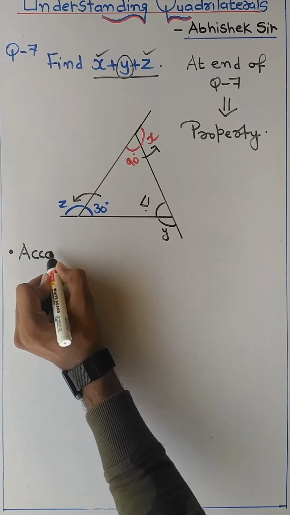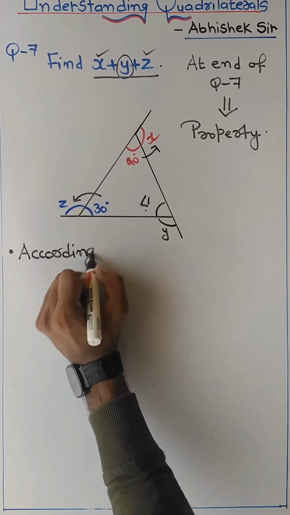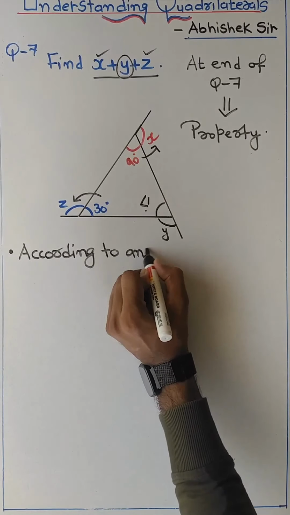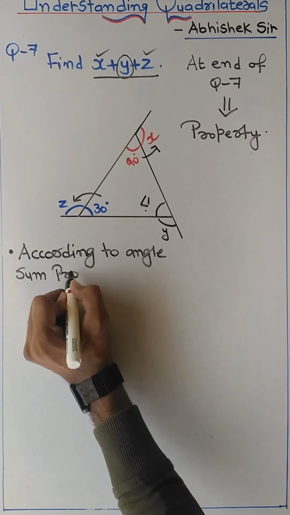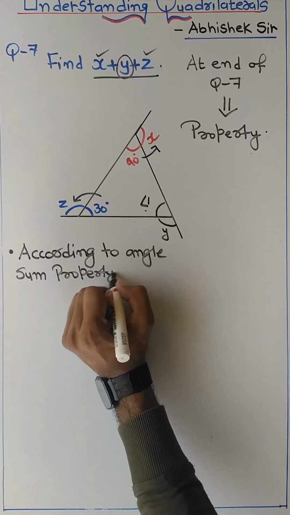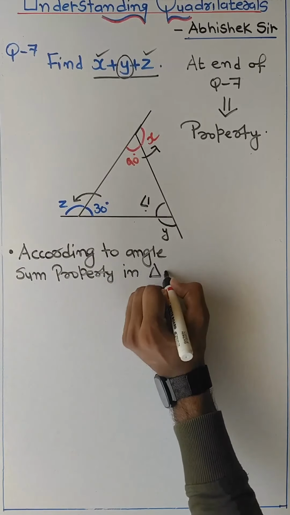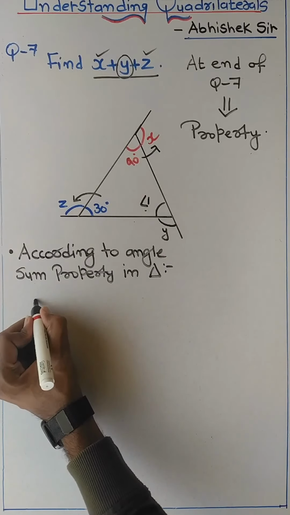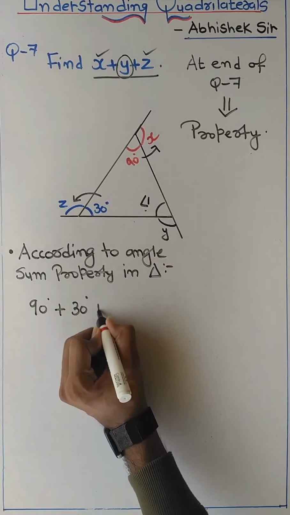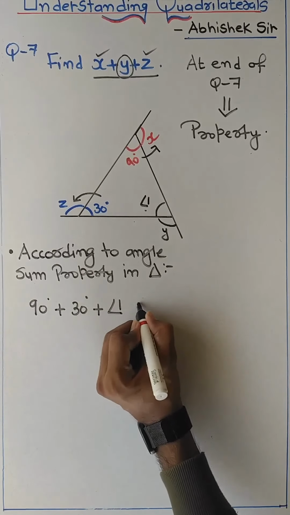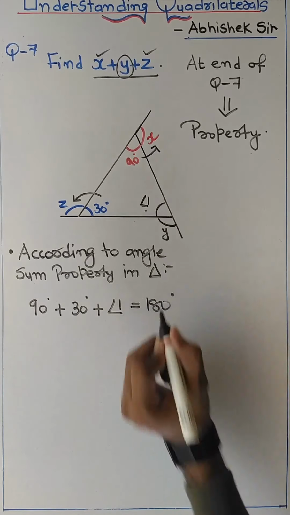According to angle sum property in triangle, that is adding all the three angles, this is angle 1, we will get 180.